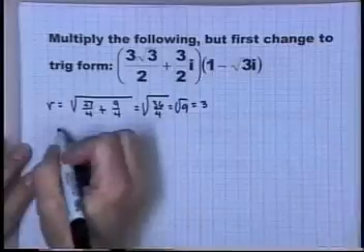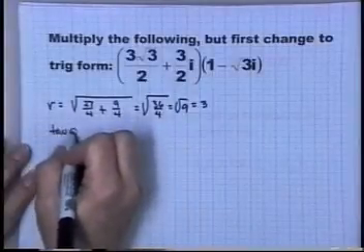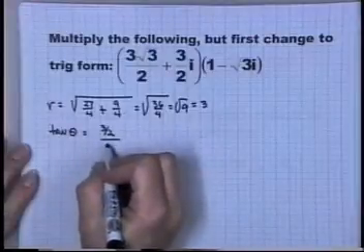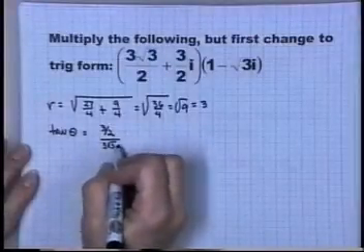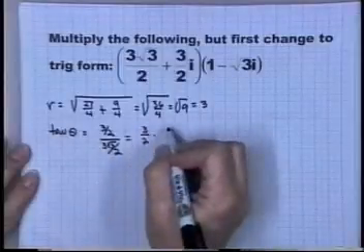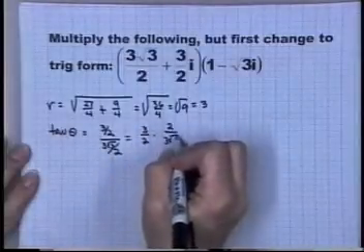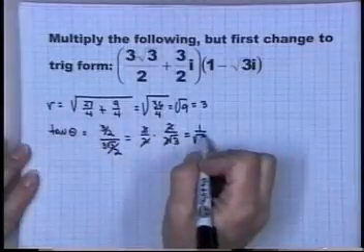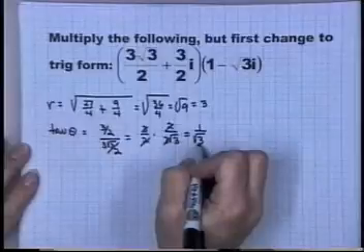Okay? My tangent theta is my y, 3/2, over my x, 3 square root 3 over 2. So if we invert and multiply, we have 2 over 3 square root 3 here. The 2's cancel, the 3's cancel, and it simplifies to 1 over the square root of 3.